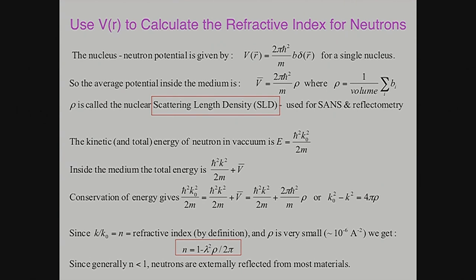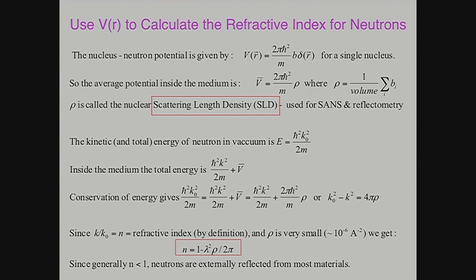The way we do that is that we note the definition of the refractive index, which is the wave vector inside the medium divided by the wave vector outside the medium. If you want to do that in wavelength, you can just invert this. But this is the standard definition of refractive index that you would find in any optics textbook. So what we've got to know in order to calculate the refractive index of a material for neutrons is the wave vector inside the medium compared to the wave vector of the neutron outside the medium.